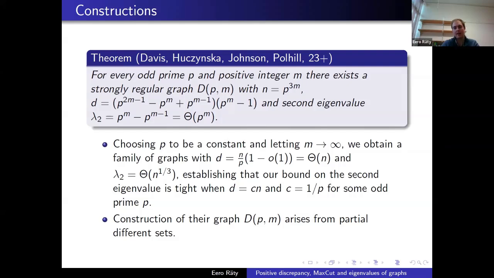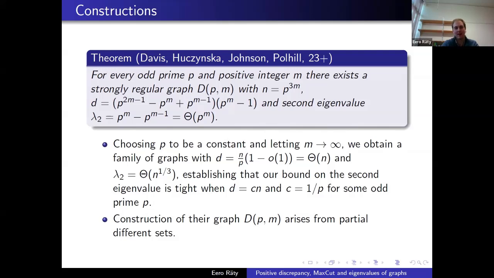So if d is n divided by p for some prime p, then a recent construction of David, Husna, Johnson, and Bolhill implies that there is a certain strongly regular graph arising from a partial difference set, which has lambda2 being n to the 1/3.